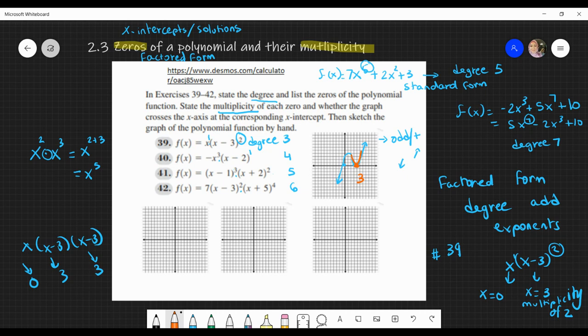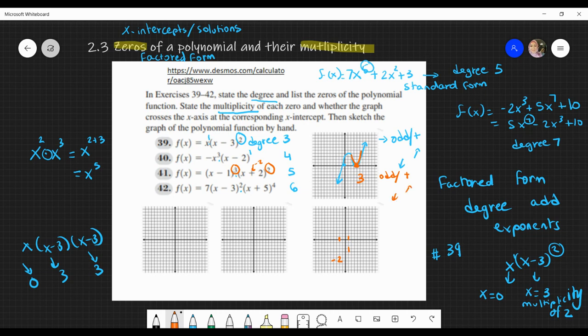So if you look at number 41, I have 1 as a zero, and I have negative 2 as another zero. Negative 2 has an even multiplicity, and 1 has an odd multiplicity. So I need to look also, the degree is odd, leading coefficient is positive, down, up.